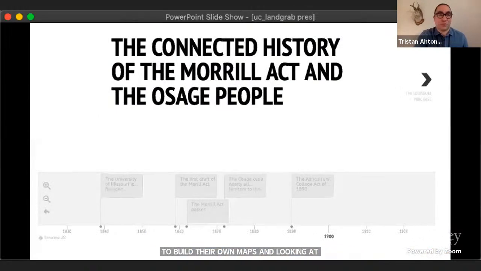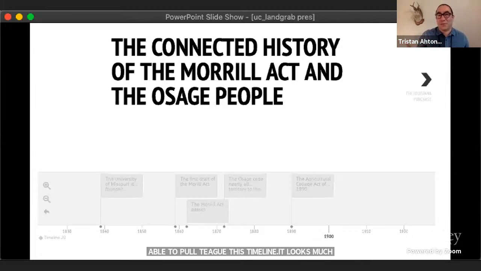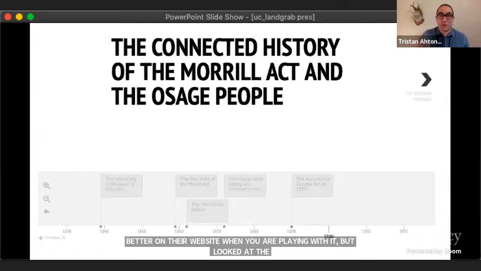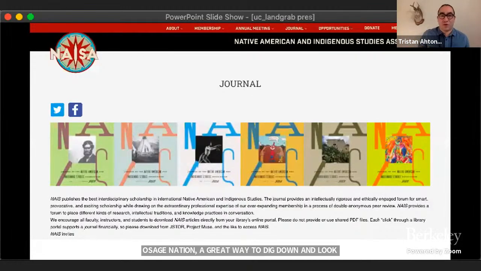Vox was able to pull together this timeline. Obviously, it looks much better on their website when you're playing with it, but it looked at the impact of the act on the Osage Nation, which is a really great way to dig down and look at just one area and its impact. We've been talking with the folks at the NICE journal.